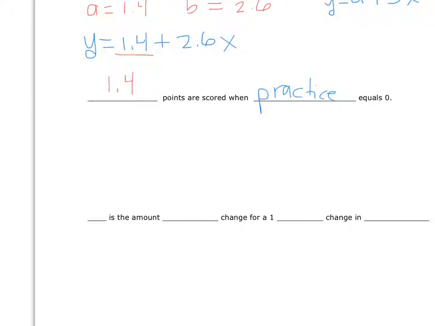And to interpret the slope, 2.6 is the amount y, or points scored, changes for a 1 hour change in practice.